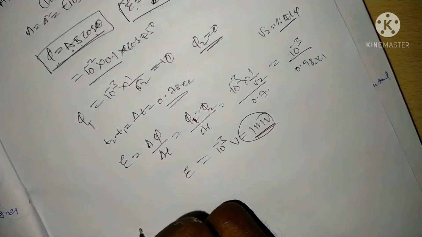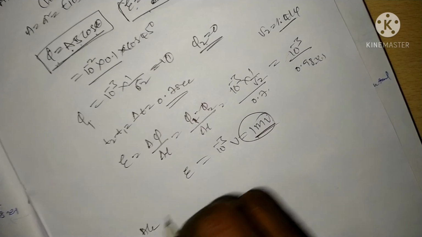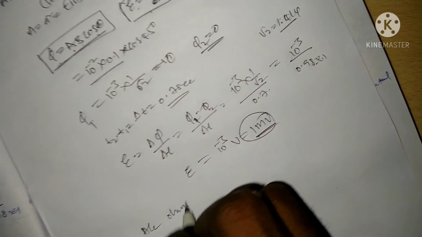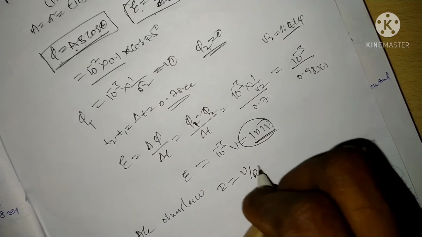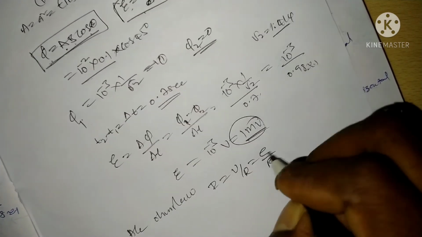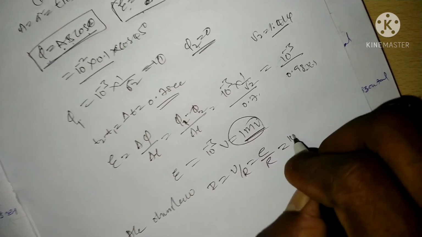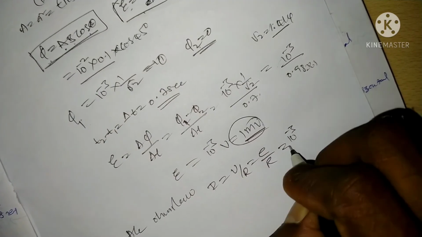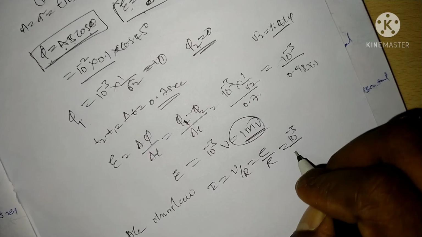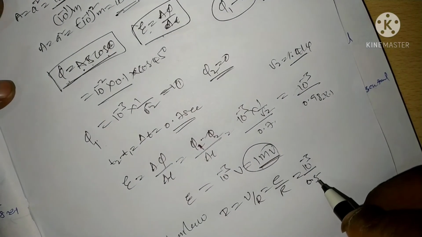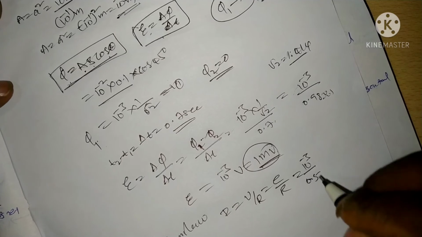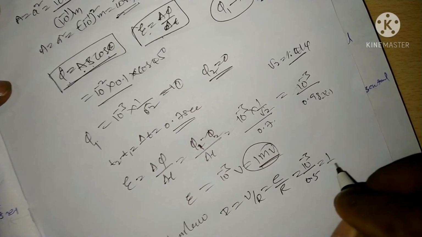According to Ohm's law, I is equal to V by R, that is E by R. E is 10 to the power of -3 volts, and the resistance is 0.5, that means 1 by 2.